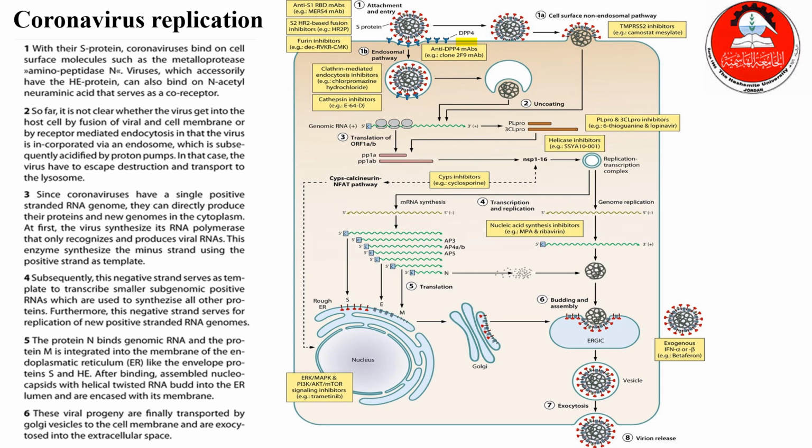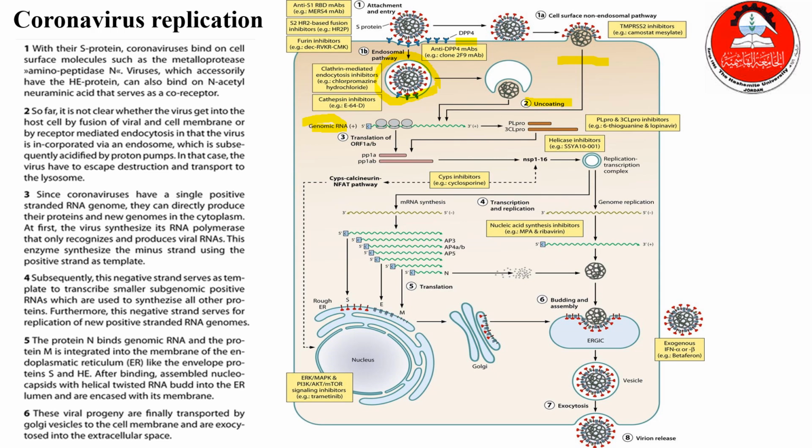After that, the virus can be internalized via either receptor-mediated endocytosis or the fusion mechanism. Once the virus enters the cell, it uncoats into the cytoplasm, releasing the positive sense RNA genome. Then the positive sense RNA genome can go directly for transcription and replication.